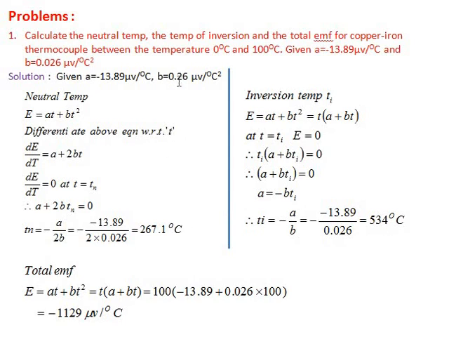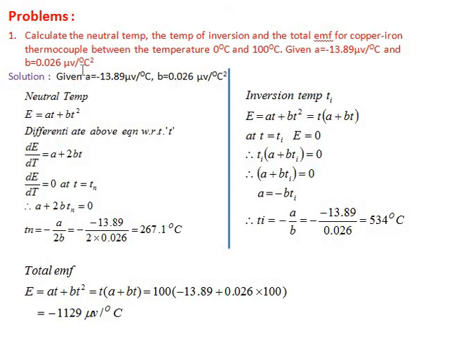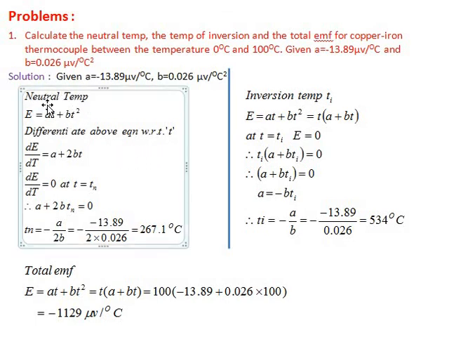So what are the things they have given here? A is given, B is given, the temperatures are given: cold junction 0 degree Celsius, hot junction at 100 degree Celsius. So the neutral temperature we are going to find first. We know the relation for thermo EMF, E is equal to aT plus bT square.